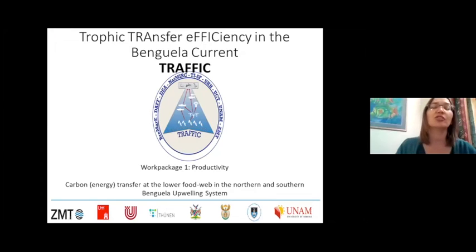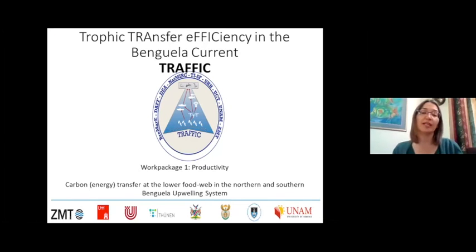So finally, just touching briefly on some regional projects. Together with some institutes in Germany and also South Africa and Angola, we have the TRAFFIC project looking at trophic transfer efficiency in the Benguela Current. And one of the work packages here is looking specifically at carbon or energy transfer at the lower food web in the northern and southern Benguela upwelling system.